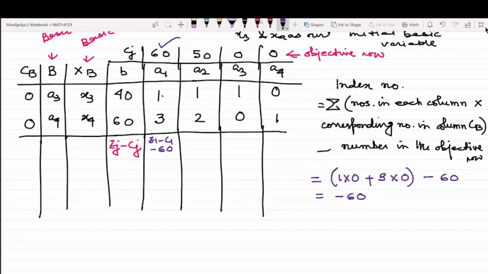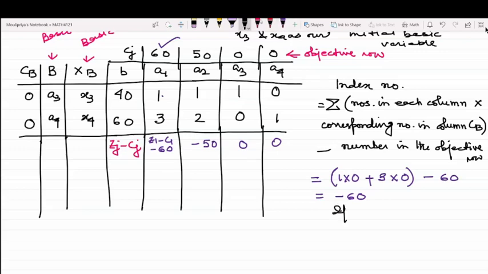Minus 50. Minus 50. Then the third column, 0, 0. 0 each. Now, the rule says that if at least one Zj minus Cj is less than 0, the solution that we are getting is not optimal. What am I trying to say?